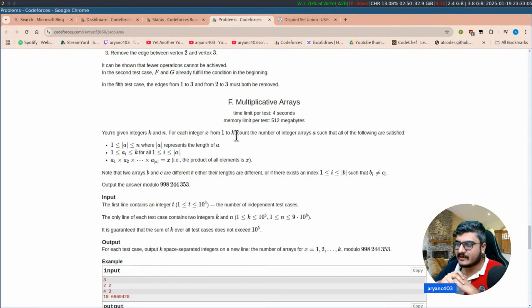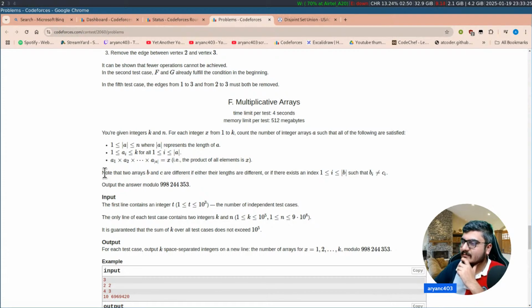Problem F is multiplicative array. You are given integers k and n. For each integer x from 1 to k, count the number of integer arrays such that all of the following are satisfied. Length of a is between 1 to n. Each ai is between 1 to k, and product of each ai is less than or equal to x.